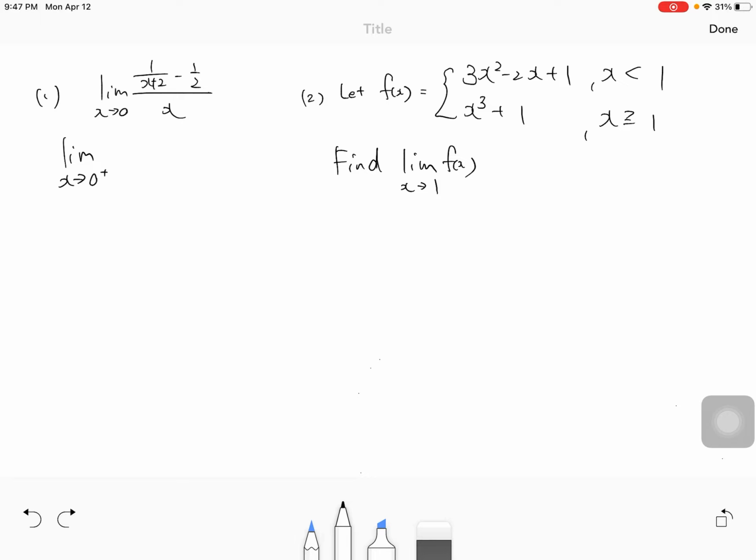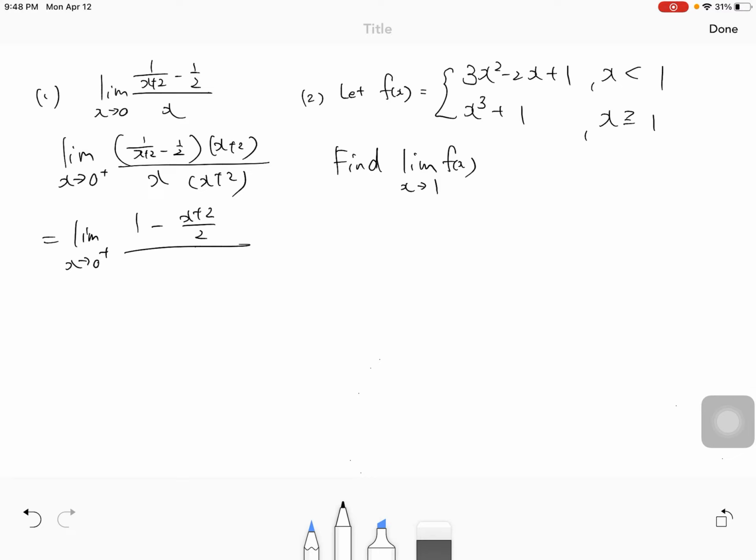So what you have to do is, you don't want to have any fraction in the numerator. So let's try to get rid of it. To get rid of the fraction in the numerator, I would multiply x plus 2 for top and bottom. Then it's going to be 1 negative x plus 2 over 2, over x times x plus 2.